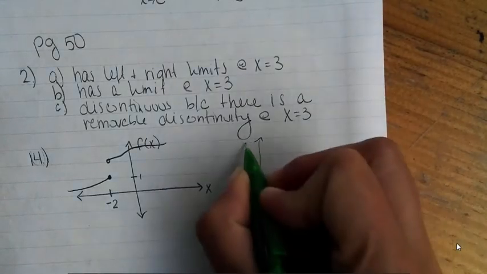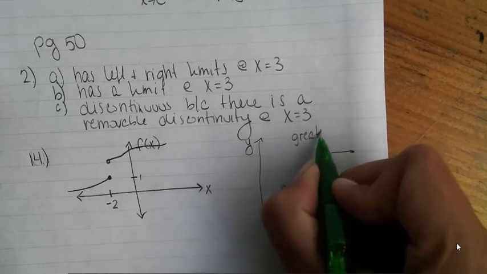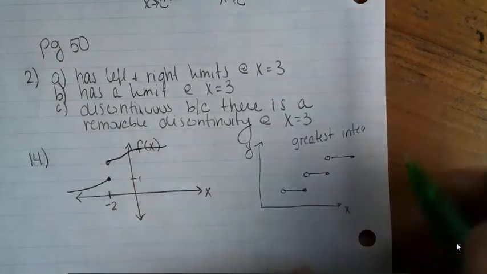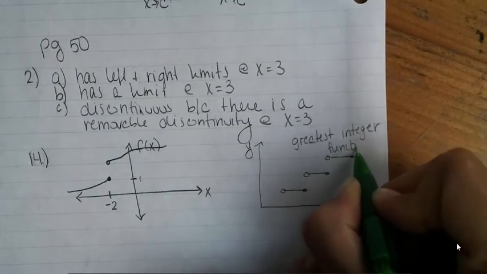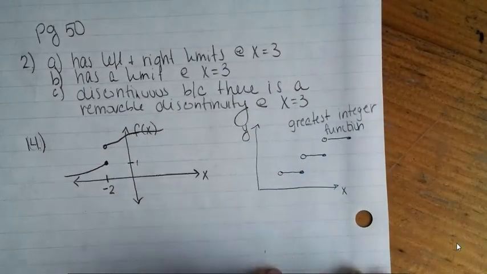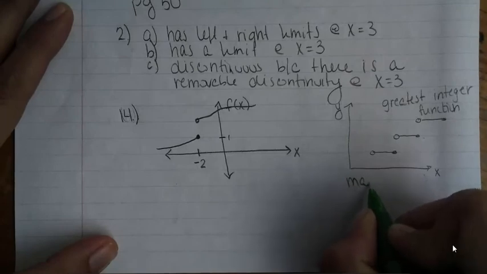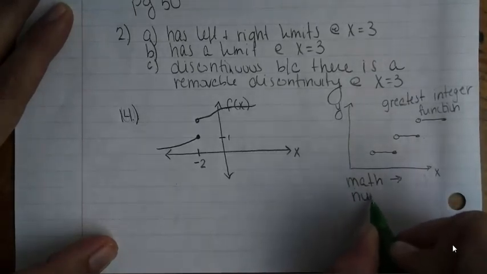But anyway, so this is what we call a greatest integer function. And you find this on your graphing calculator. You go to math. Then from there you go to num.